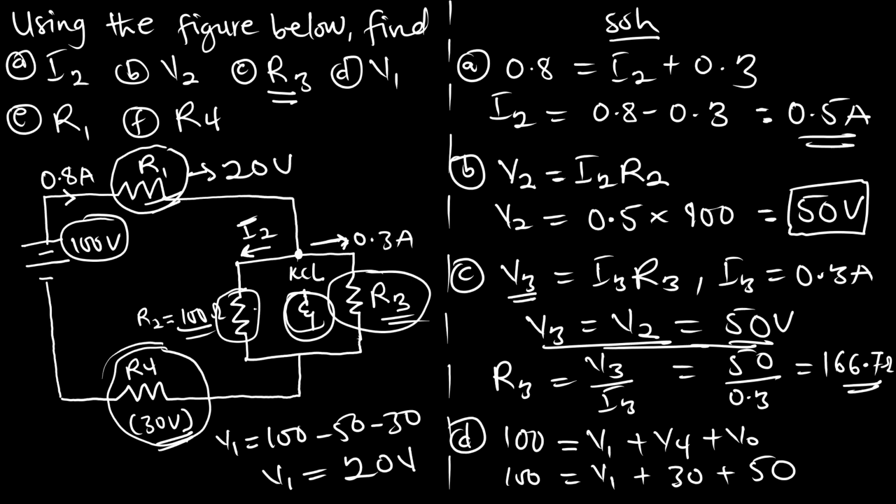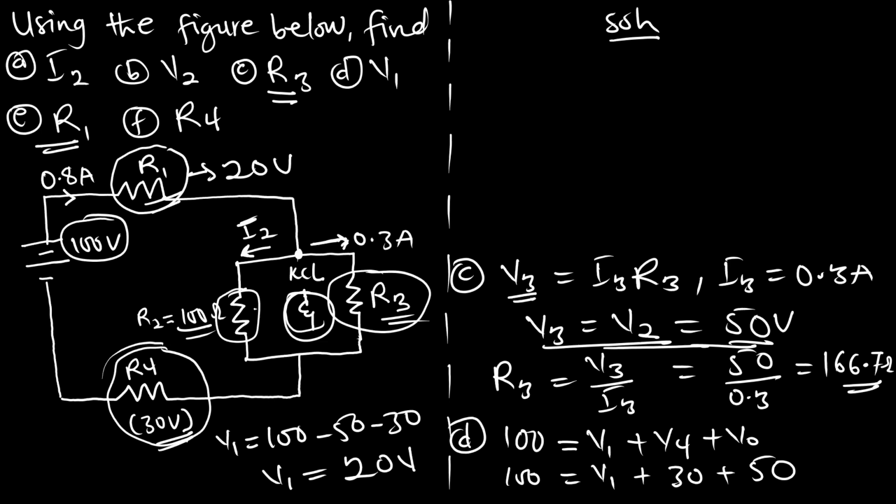Now the E, which is talking about R1, we should find the resistance of resistor 1. This is quite simple. Can we say R1 is equal to V1 on I1? That's Ohm's law. Yes.